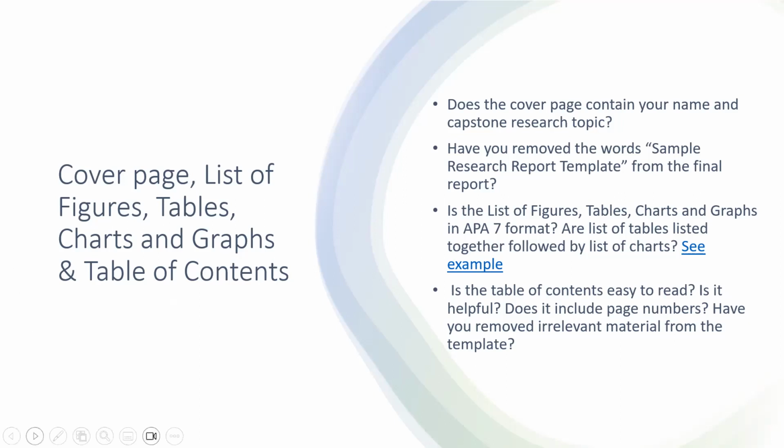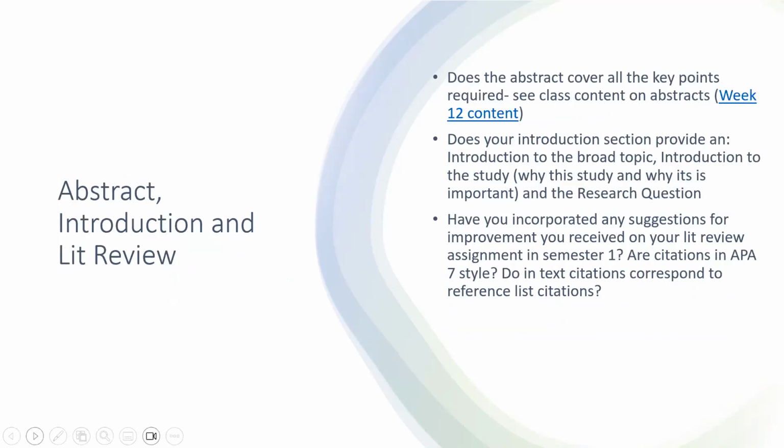And so then from there, your abstract, your introduction, and your lit review. So does your abstract cover all the key points required? And remember, in week 12, we looked at what is required in an abstract, and you actually have about 20 examples of abstracts, because all the papers that you looked at this semester have abstracts in the front of them.